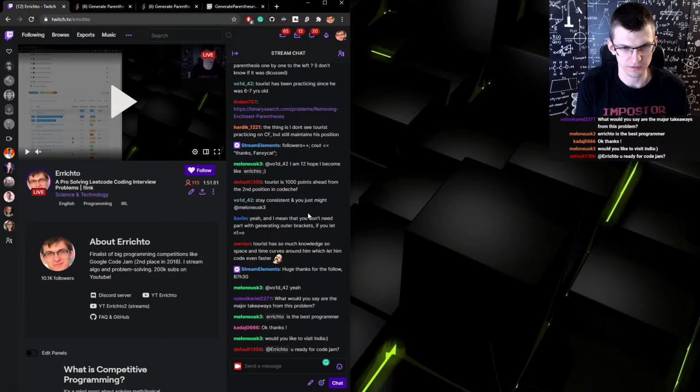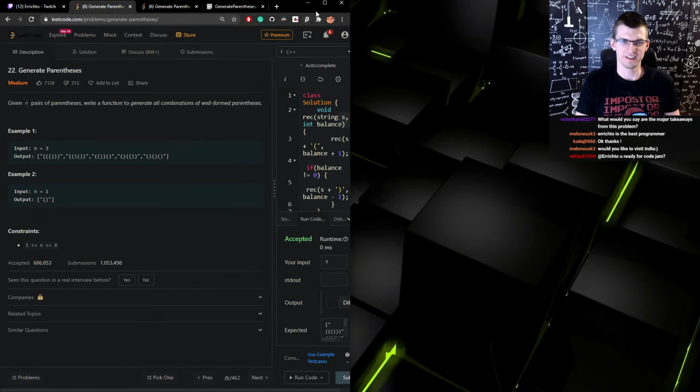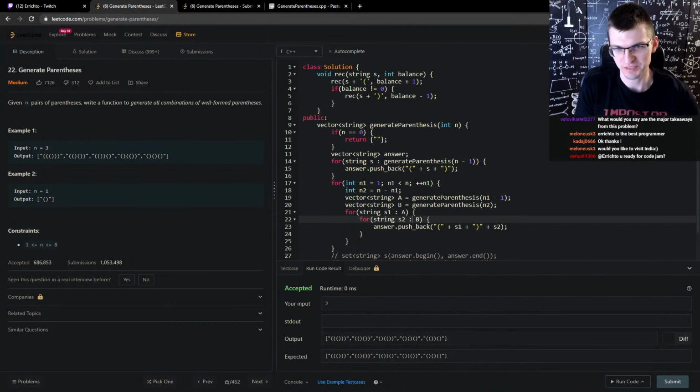You don't need to bother with generating outer brackets if you let n1 be n. Oh, okay. Then this can be simplified even more.